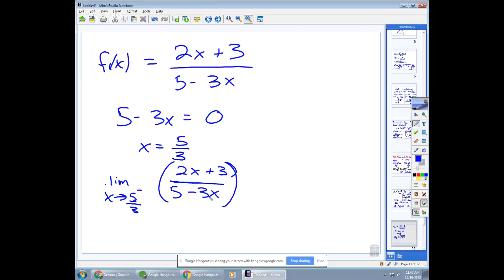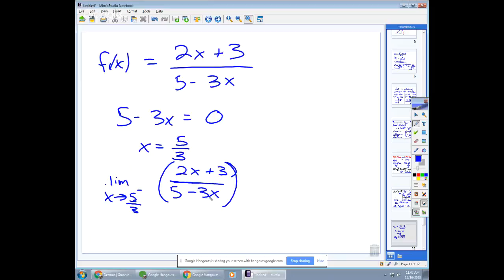What's going to happen? So let's see. I have a number that's a little less than 5/3. And I have 5 minus 3 times that number there. So now the 3's could cancel, right? So then I have a number a little less than 5. What's going to happen there?